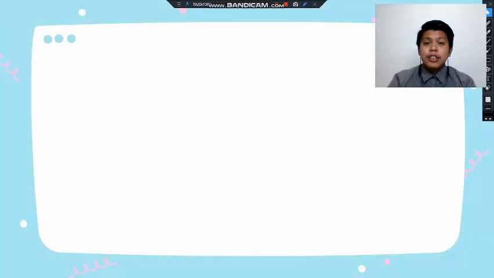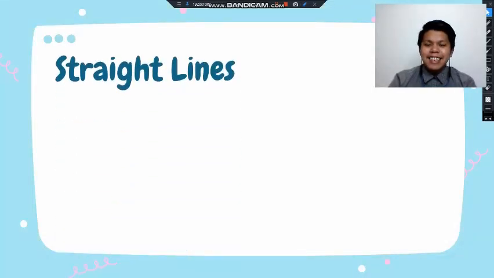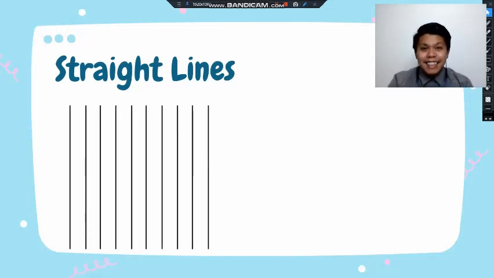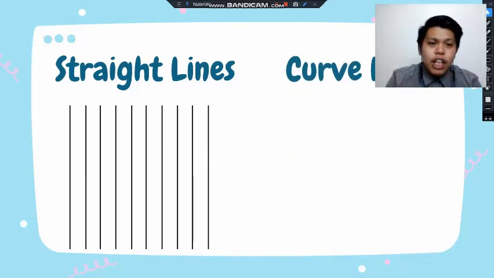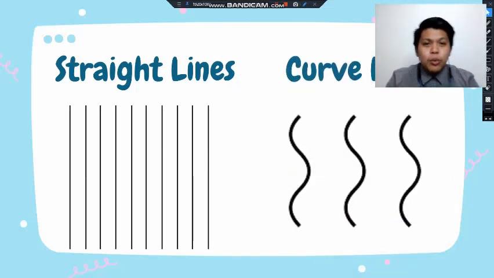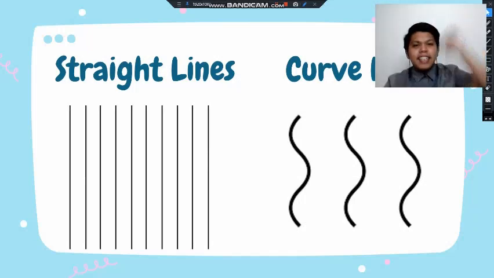Let's discuss first what are straight lines. Straight lines don't have a curve, it's straight. And we have the curved lines, which is a wavy line.